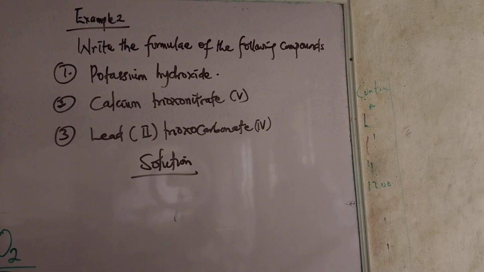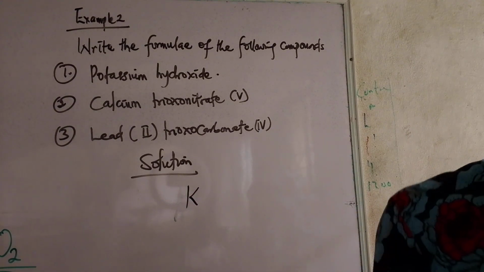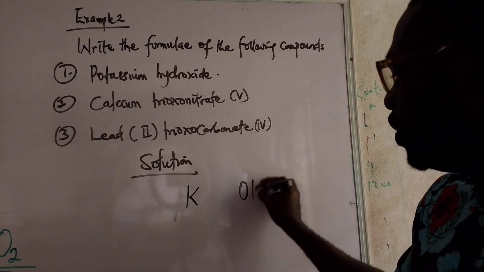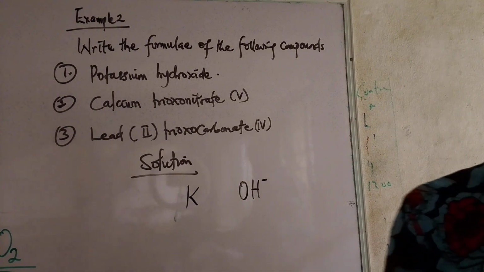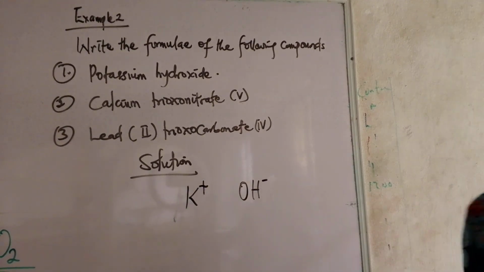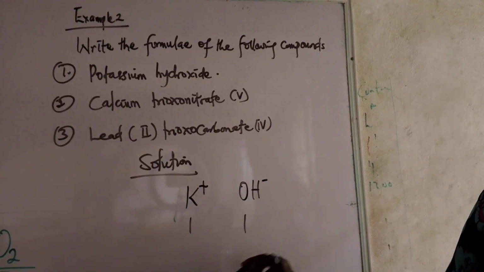you should know that potassium was first mentioned, and hydroxide is in your notes as we've done, OH minus. That's hydroxide. Potassium is K plus. So now we have 1, 1.